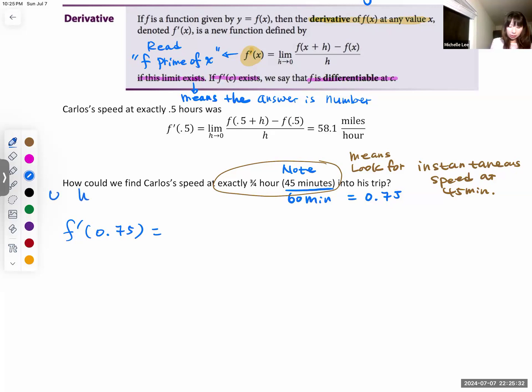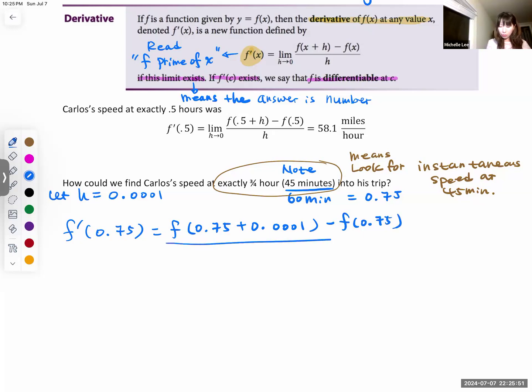So let h equal 0.0001. So we have f of 0.75 plus 0.0001, very tiny little bit, minus f of 0.75, all over 0.75 plus 0.0001 minus 0.75, right?